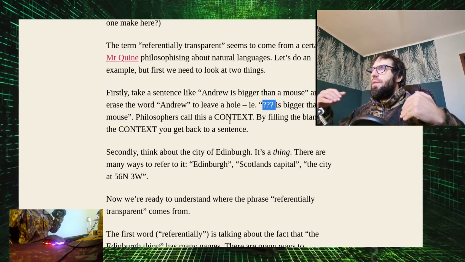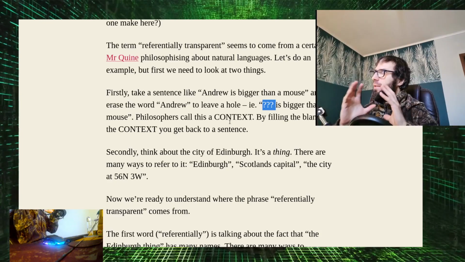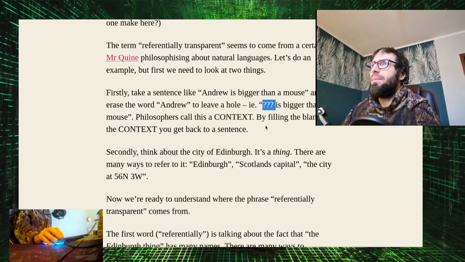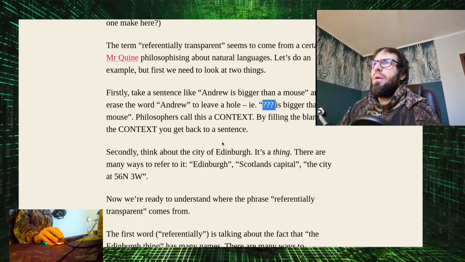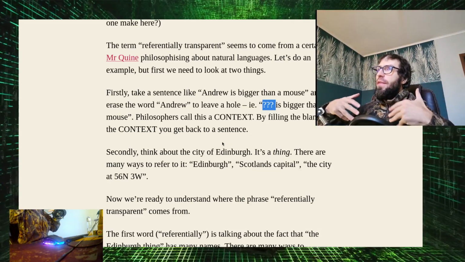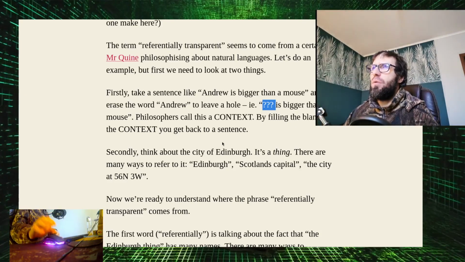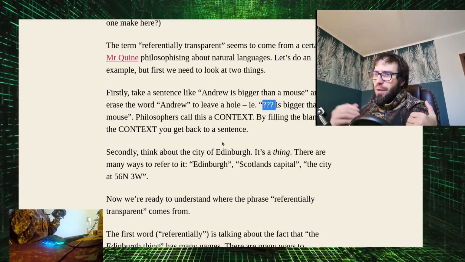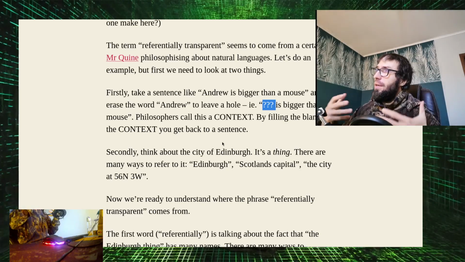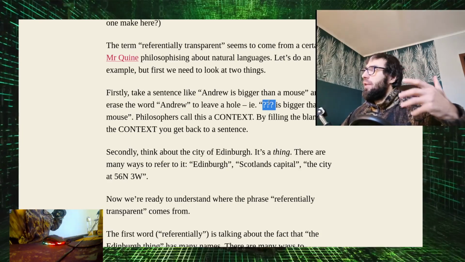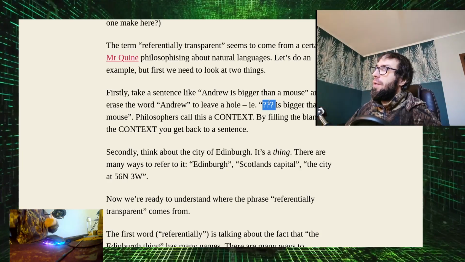And all this thing with this cut-out sub-expression is called a context. Then you fill the blanks in the context and you get back a sentence. So you go from this abstract context into some concrete situation.